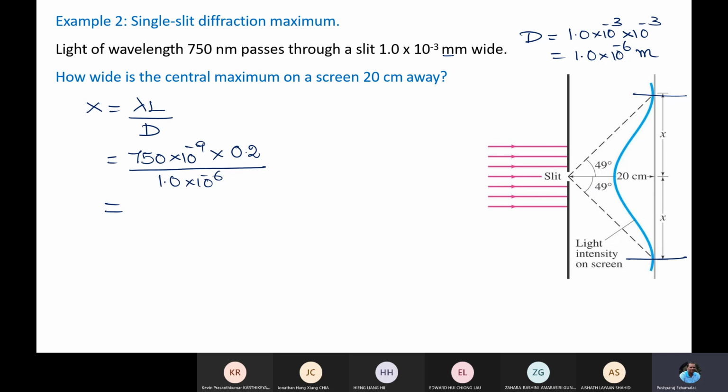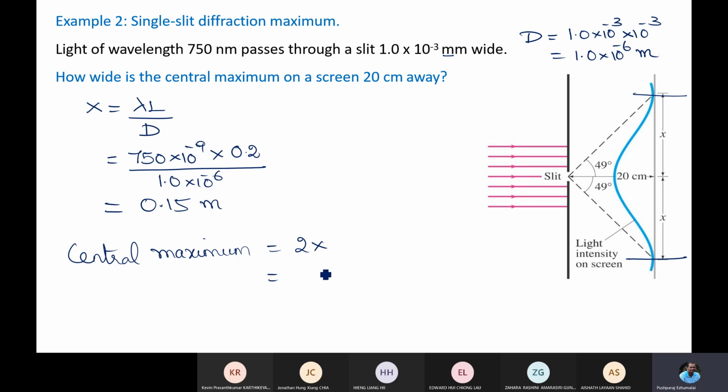750 nanometer, 10 power minus 9, into 0.2, divided by 1 into 10 power minus 6. So we are getting the value 0.15 meter. That is the x value. But central maxima means 2 times x.